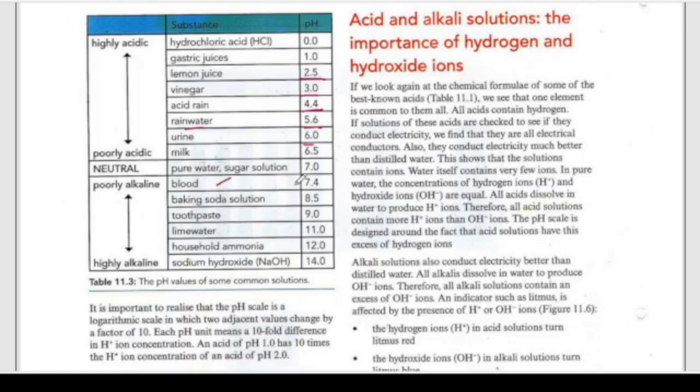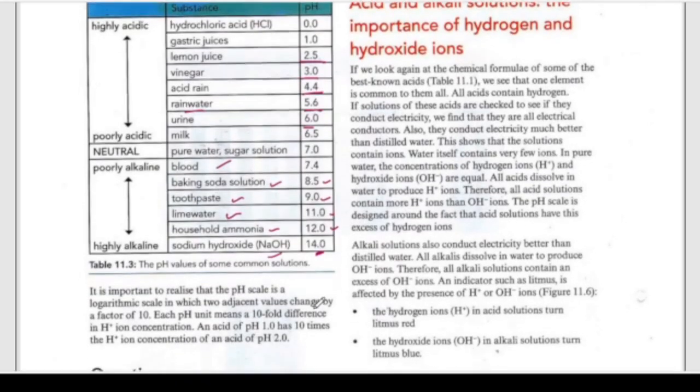After that, blood has pH 7.4, baking soda solution 8.5, toothpaste 9, lime water 11, household ammonia 12, and sodium hydroxide, which is used in soaps, has the strongest alkalinity, NaOH 14.